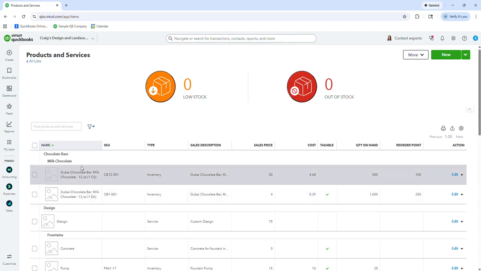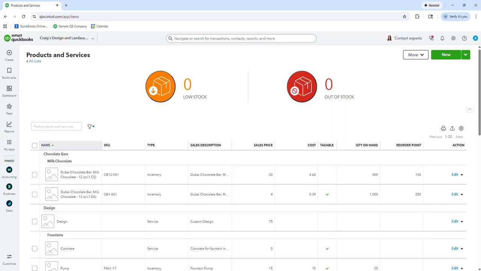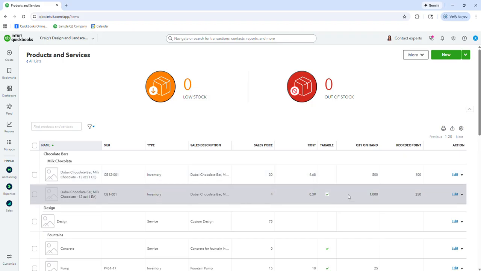But again, setting up products, in terms of best practices, number one would be when you set this up, set it up for the way it's going to be 80% or 90% of the time. So whether it's taxable or non-taxable, you will set it up for the majority of people. So that's the first thing.